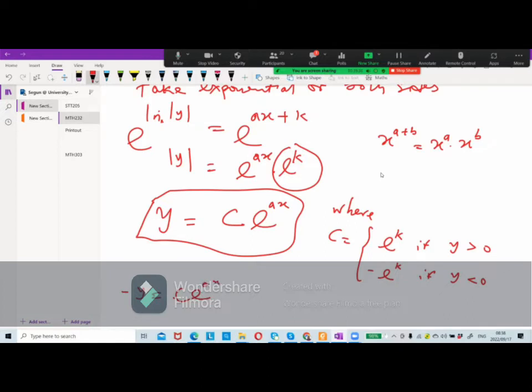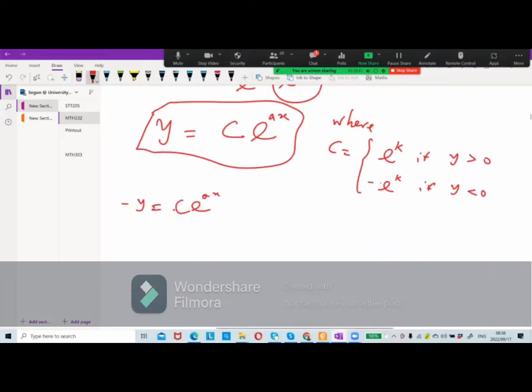If I want to get y out of this, I'll just multiply by negative, so y equals minus C exponential ax. But in this case, we just considered the positive that we have there, so we need to represent this condition in this format.